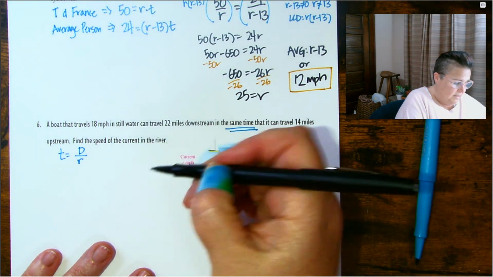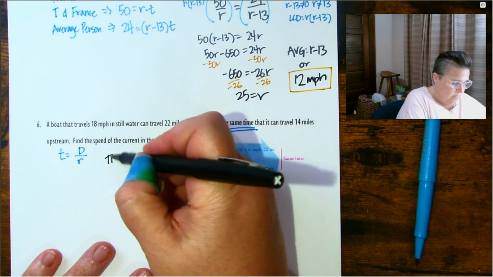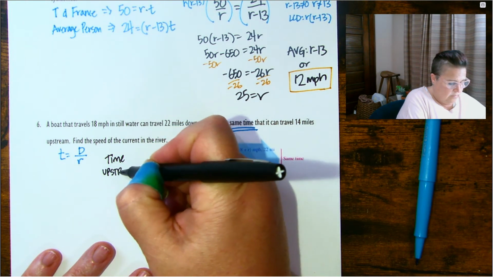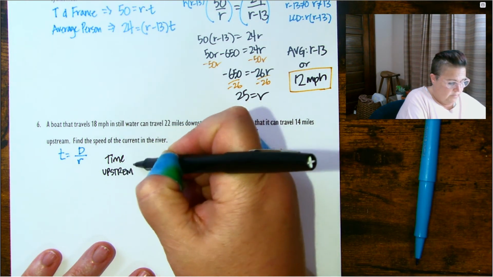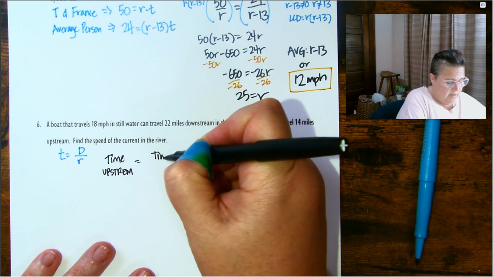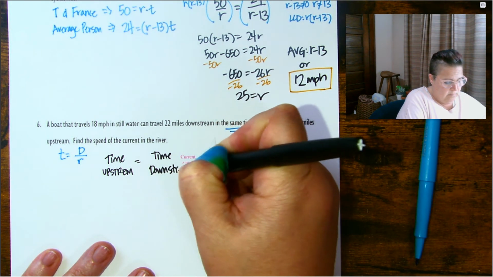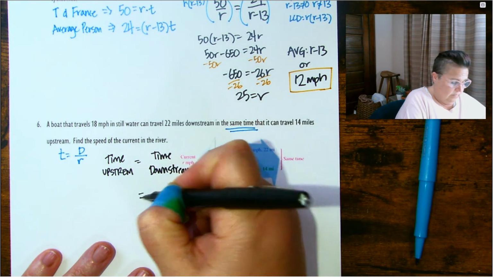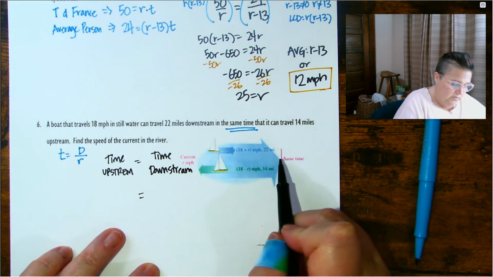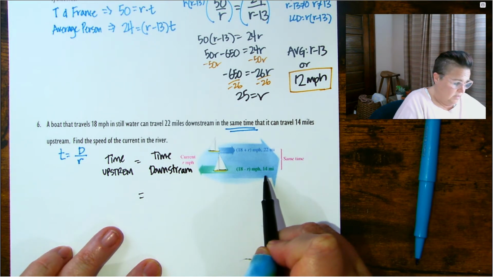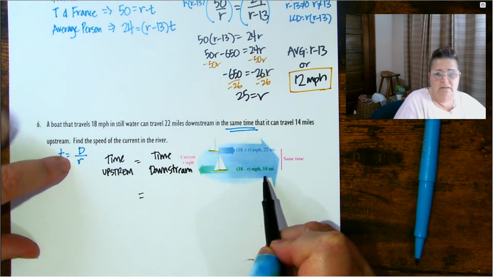Now, that means the time upstream is going to be the same as the time downstream. The time upstream is going to be the distance over the rate.